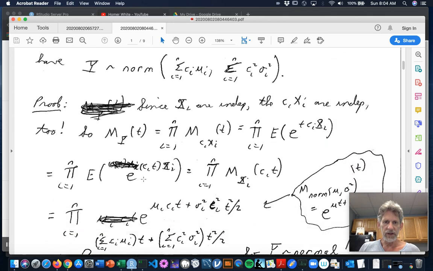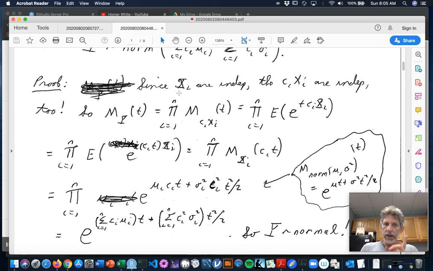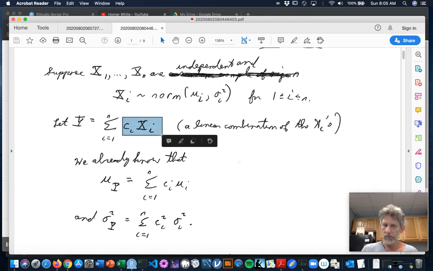So let's get a proof of that. The moment generating function technique will be our friend. Let's look for the moment generating function for capital Y. Well, capital Y is a sum of ciXi's. Now the Xi's are independent of each other.